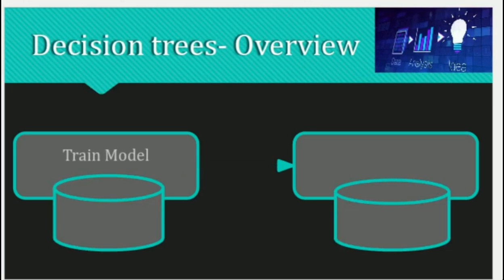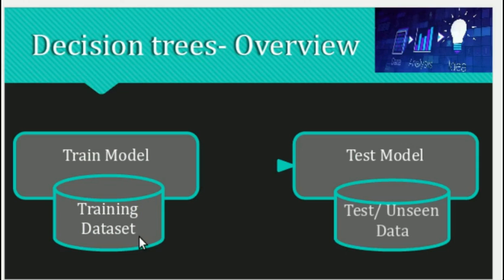Given a collection of records, that is the training set, each record contains a set of attributes. One of the attributes is the class, which is further used to find a model for the class attribute. The goal is that a previously unseen record should be assigned a class as accurately as possible.